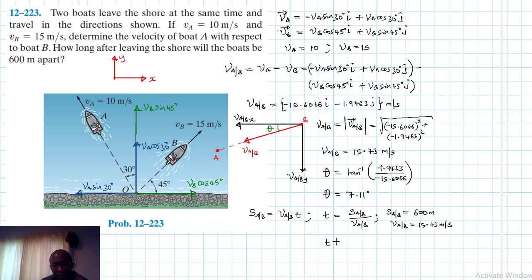So dividing the two, we get 600 divided by 15.73. So we get 38.14 seconds. So this is the time it takes for the two boats to be 600 meters apart.